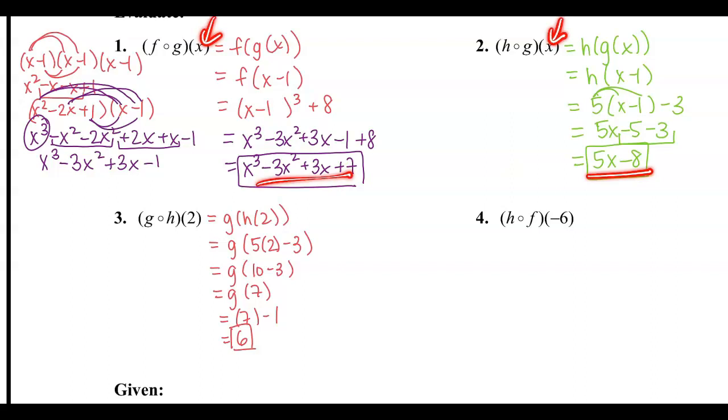Sometimes you might get extremely lucky and your variables might cancel, but it's very rare that will happen. Whenever you have numbers in your parentheses, so when you're substituting in some kind of number, you should always get a number as your answer. So with that said, I want you to pause the video right now and try example 4. You have a number in your parentheses. You should get a number for your answer.